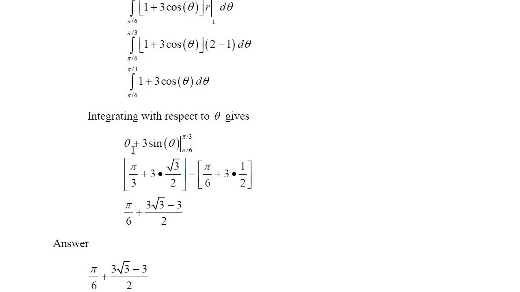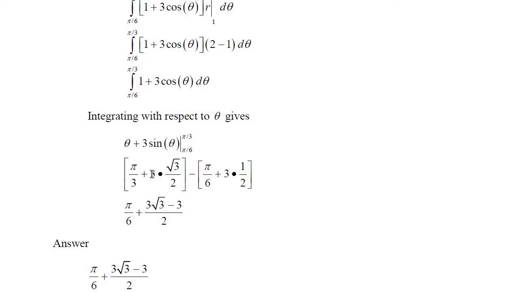When I plug in pi over 3, that gives me pi over 3 plus 3 times the sine of pi over 3, which is square root of 3 over 2, minus, when I plug in pi over 6, pi over 6 plus 3 times the sine of pi over 6, which is 1/2. So pi over 3 minus pi over 6: converting to sixths, that's 2 over 6 minus 1 over 6, which gives me pi over 6.